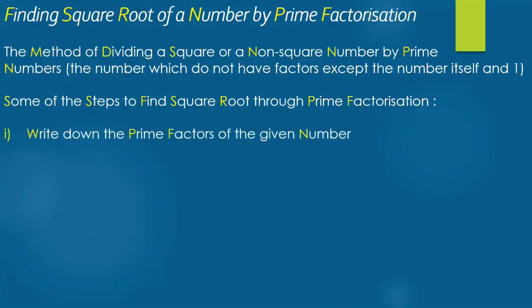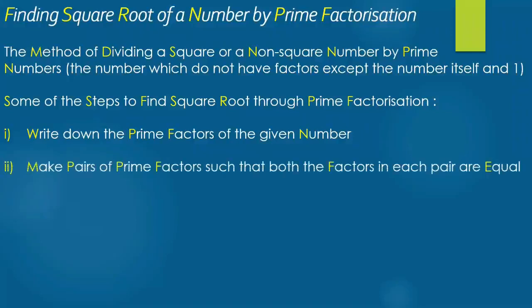First step, write down the prime factors of the given number. Prime factors means numbers like 2, 3, 5, which have only the number itself and 1 as factors. So write down the prime factors of the given number. Make pairs of prime factors such that both the factors in each pair are equal. Write one factor from each pair.